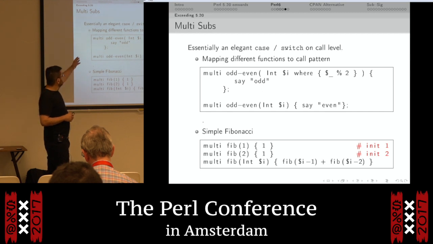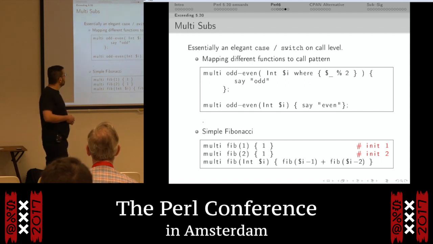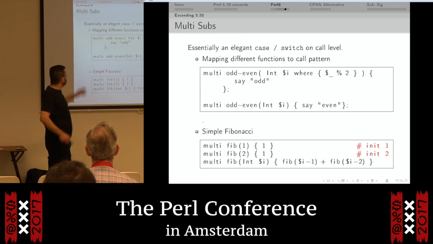In this case, you have a function odd even, and in the first case, it checks if it's an odd value. In the second case, it just says it's an even value. So if you pass an odd value, the first function will trigger. Otherwise, it will check if there are other multifunctions and go on.